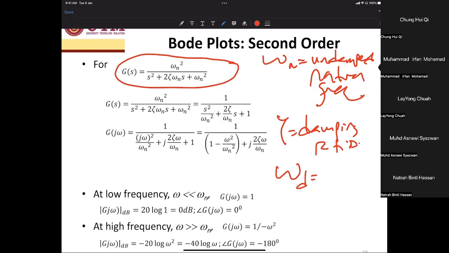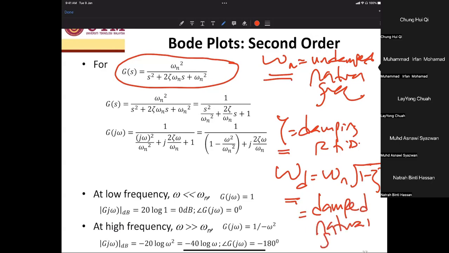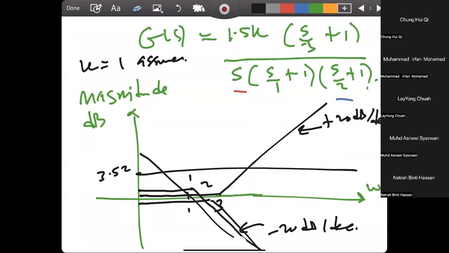Omega n is the undamped natural frequency. Zeta is the damping ratio. What is omega d? You forgot it. Safwana, help Natrah. What is omega d? Damped natural frequency. So please take note.